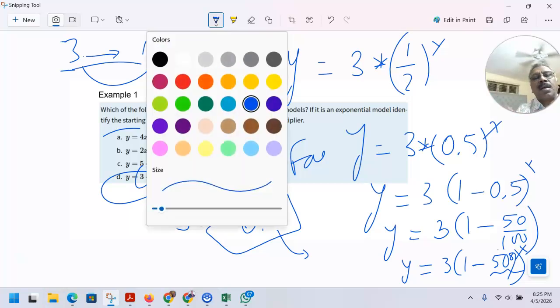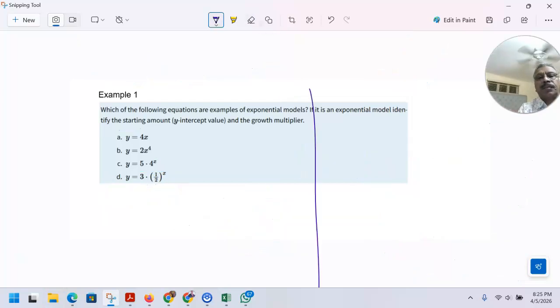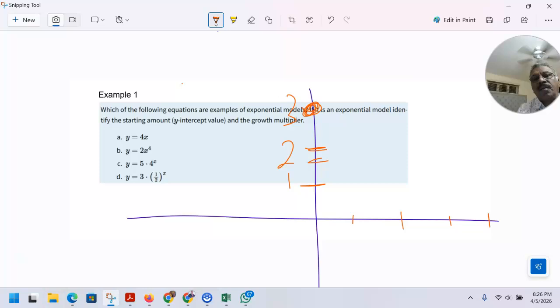What I'm trying to say is, if this is 3, and this is 2, this is 1, and each time you increase, in the beginning it is 0, so this is 0, 3. When it is 1, half of 3 is 1.5, so this is the point.